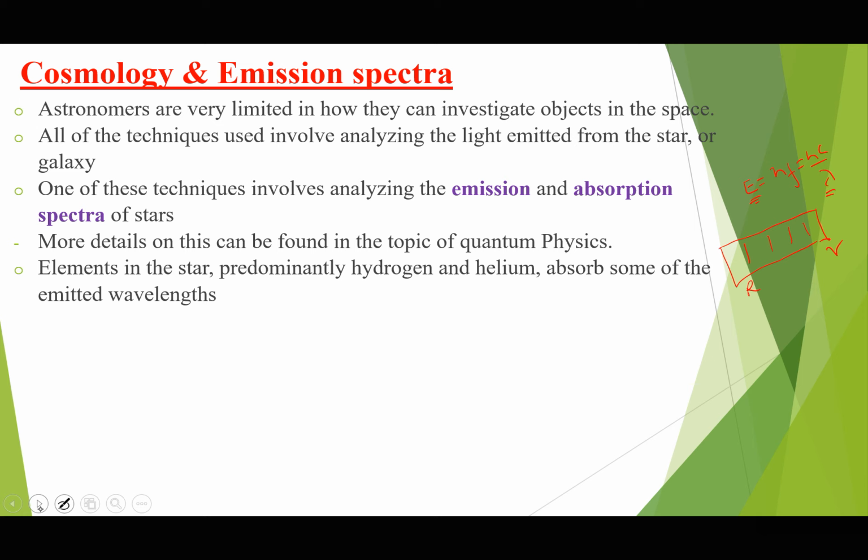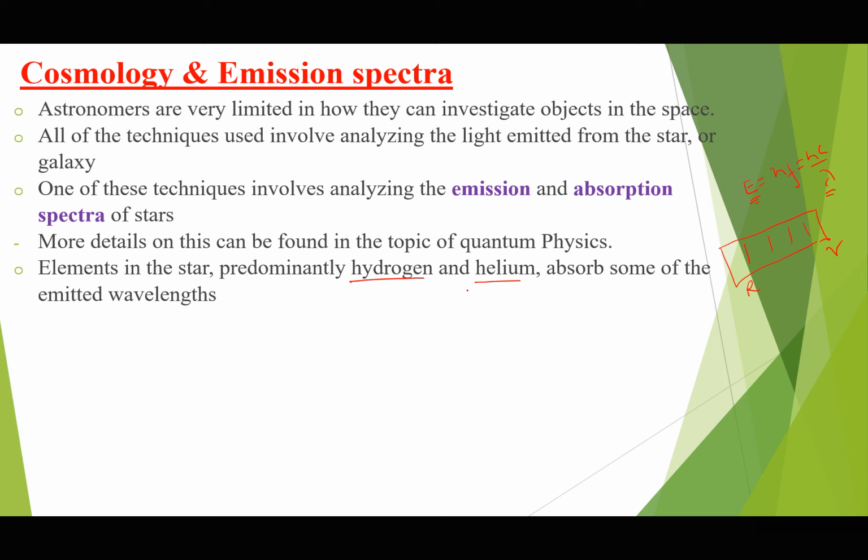So in stars, we know that we have predominantly hydrogen and helium. These are the sources of fuel that are used by these stars to generate their own heat and light. And the hydrogen and helium may absorb some of the emitted light wavelengths without allowing them to travel towards the observer on the Earth's surface.